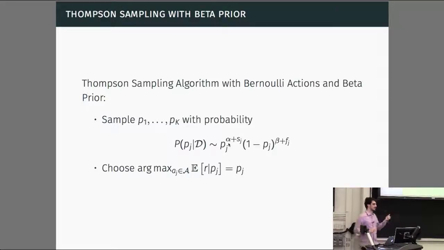For one action we get a success, so we have p to the 101 times 1 minus p to the 100. For the other one, we have p to the 100 times 1 minus p to the 100. Those two are very similar, and when you normalize, you divide by the sum of the two. So the two quantities are going to be very similar, even though you had one more success for one of them. Does that make sense? So what happens if we just increase alpha?